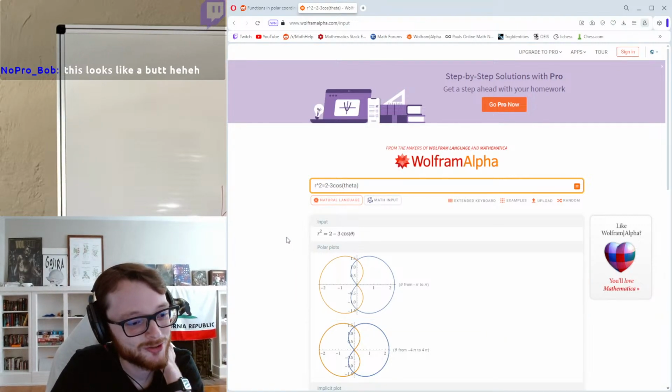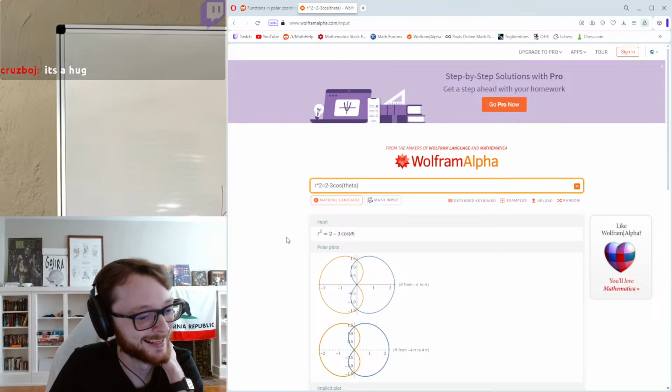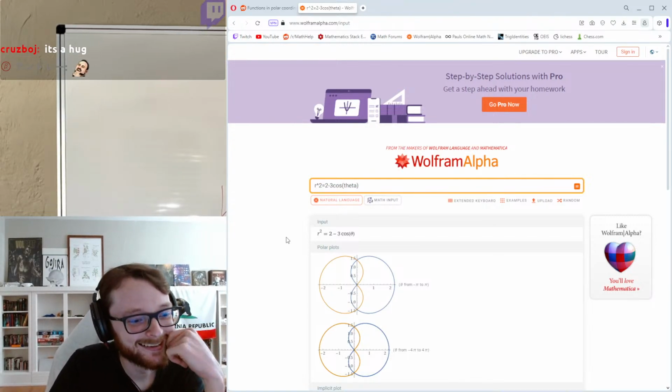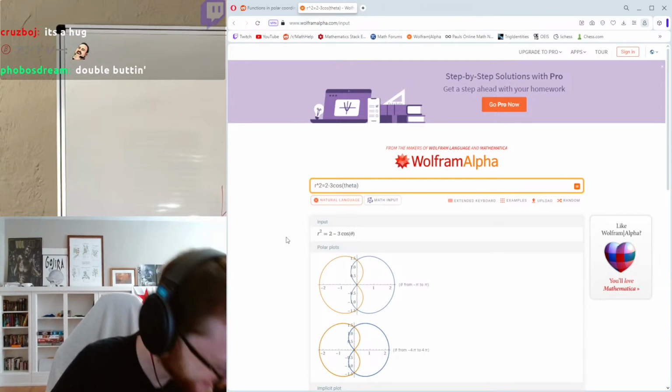If I have a string and I make a lipogram function to remove r, I will get sting? To hug? Oh, okay, that's a much nicer way of thinking about it, but yeah. Double button. Yeah. Butt sucking.